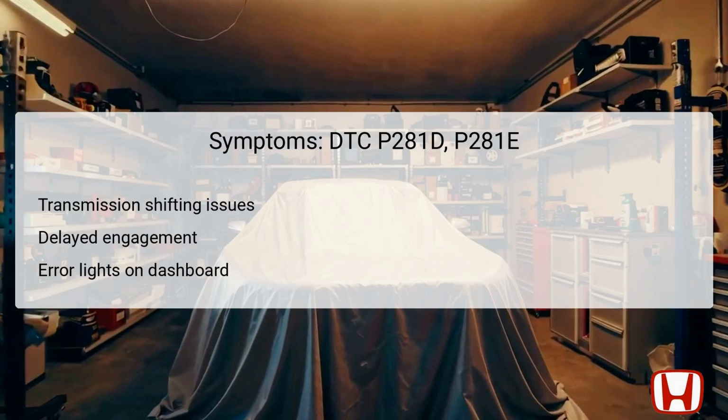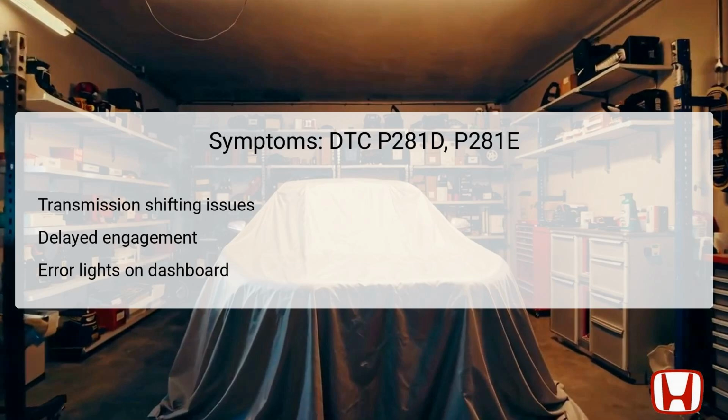The manifestation of DTCs P281D and P281E can lead to various noticeable symptoms in a vehicle's performance. One of the primary indicators is transmission shifting issues, where the vehicle may experience improper or erratic gear changes. This irregular behavior can often present as delayed engagement, where gears fail to engage promptly when shifting from park to drive.